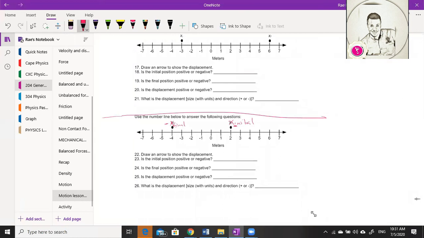In brackets they say size with units, so you have to write the units. The units in this case are meters. And for the direction, state either positive or negative. So take on that question and answer it. I'm going to ask you to submit it online.